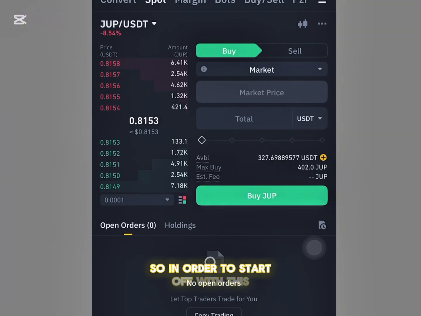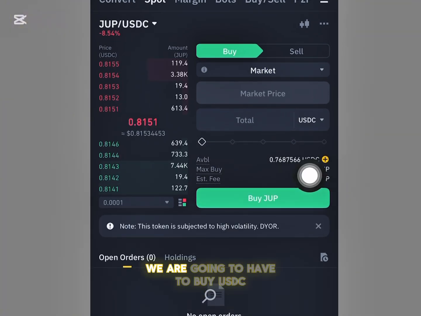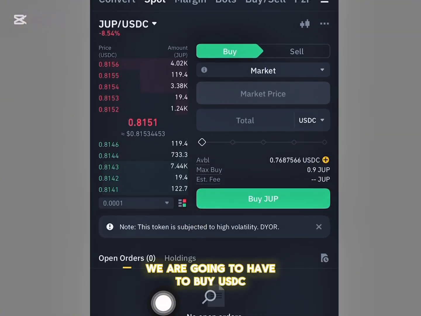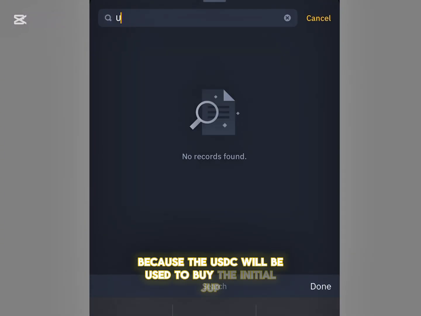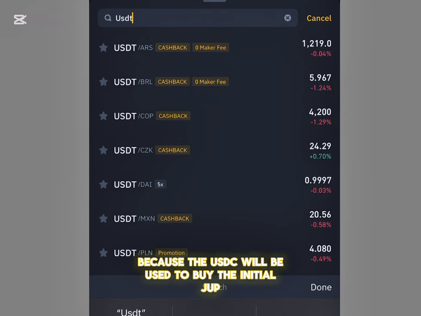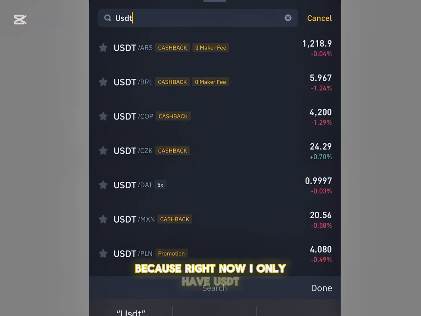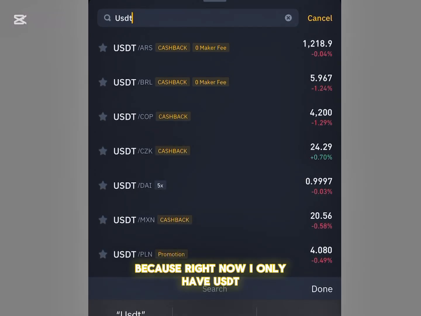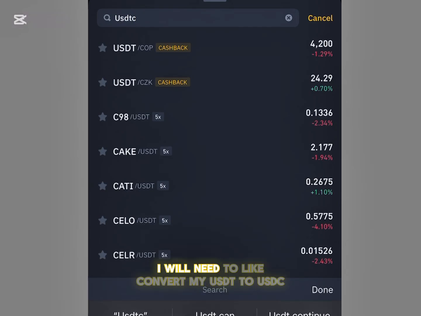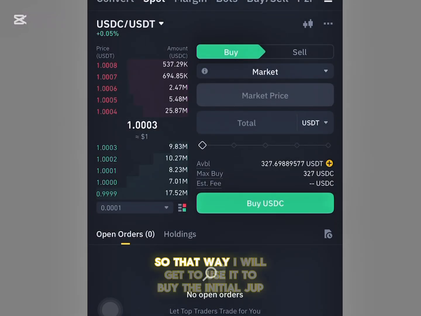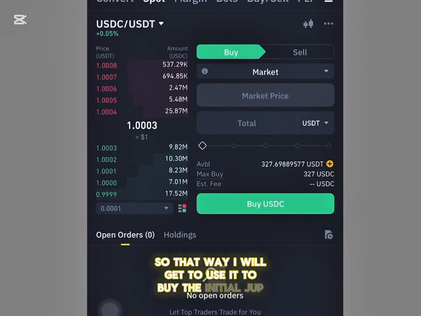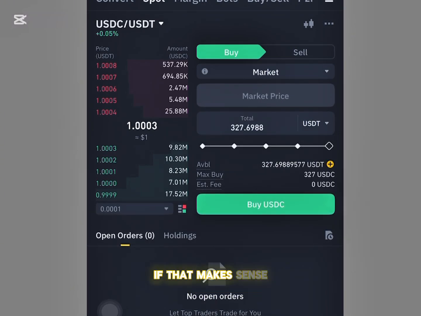So in order to start off with this, we are going to have to buy USDC, because the USDC will be used to buy the initial JUP, because right now I only have USDT. So that's the more reason I will need to convert my USDT to USDC, so that way I'll get to use it to buy the initial JUP, if that makes sense.